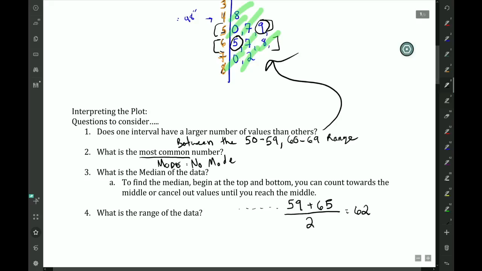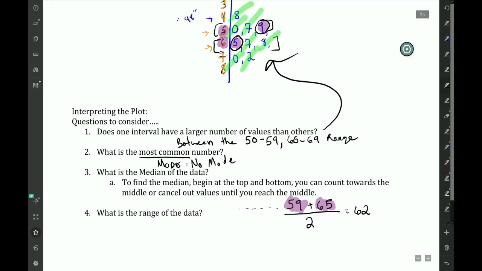Now again, where in the world, did you get 59 from? If you're not seeing that, this is 59 and this is 65. So it's not just 9, it's not just 5, it depends on the tens digit. What is the range? That's still highest minus lowest.